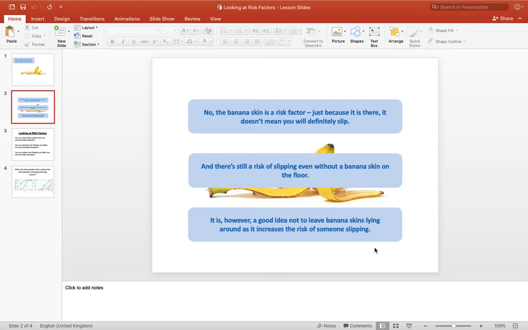It just means that there is an increased risk of me slipping. If I happen to step on that piece of ground, if I happen to step on that area where the banana skin is found, I could slip. At the same time, I could slip anyway. I could slip whether there's a banana skin there or not. It just increases my chances of slipping.